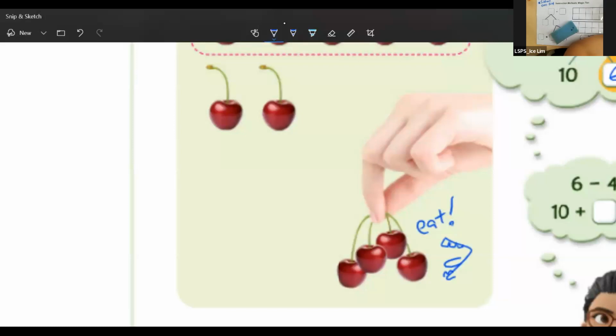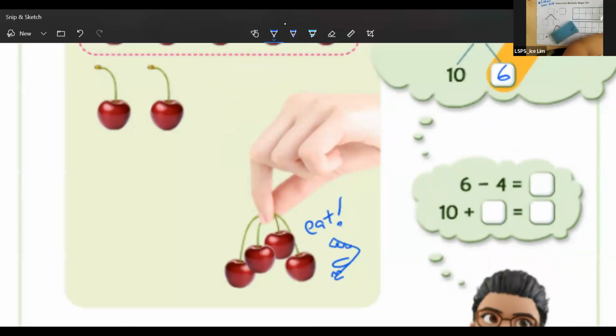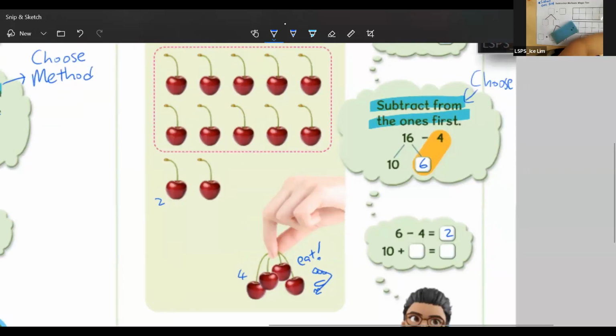Okay, and then she is left with 2 little ones here. See, the 2 is here. So in the end, you put back the 2 cherries with the 10 that's here. So 10 plus 2 equals 12.